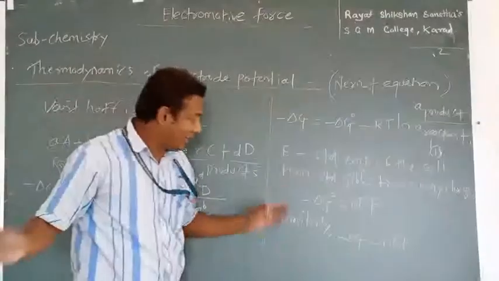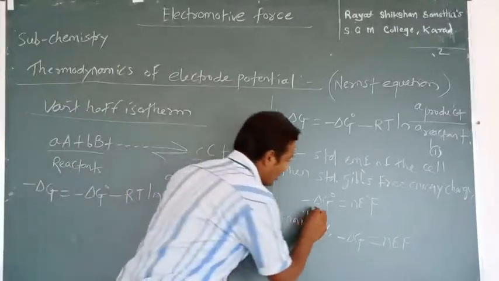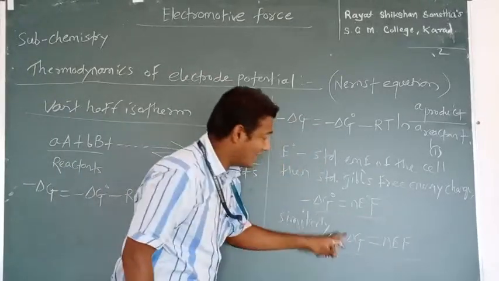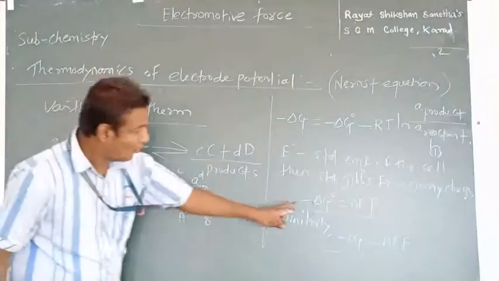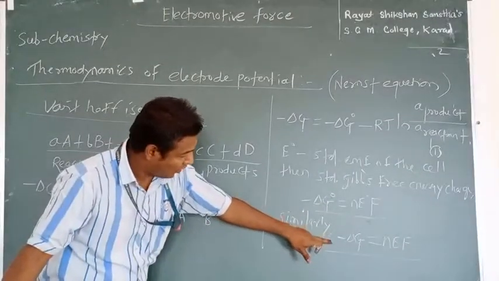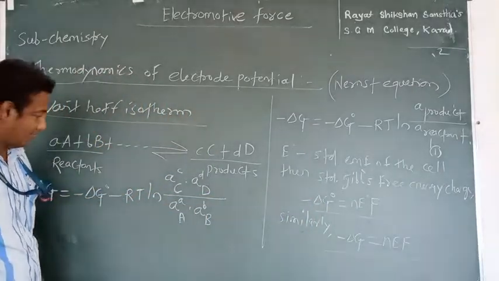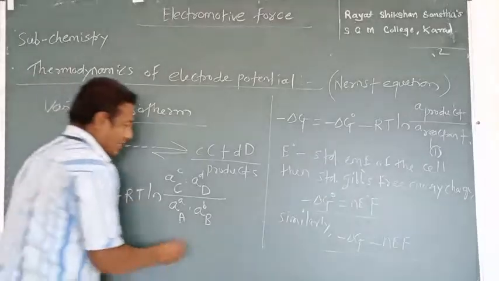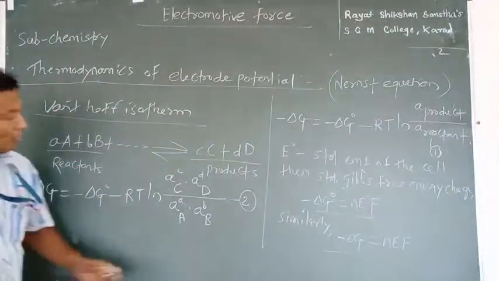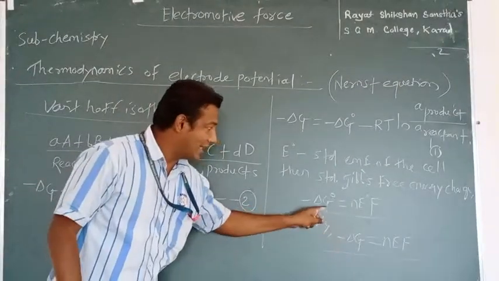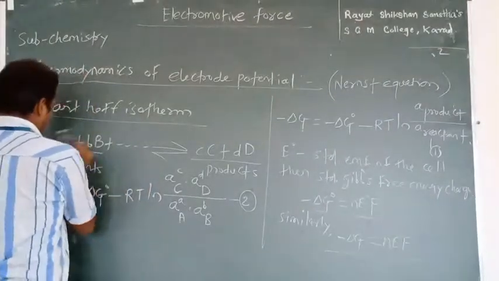That's why, from that thermodynamic point of view, we can write these two equations, one for standard and one for normal. We consider this as equation 2. Now put down these values of delta G and delta G0 in equation 1. I'll write it here.